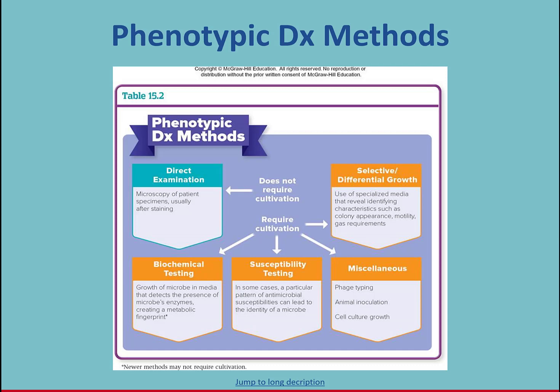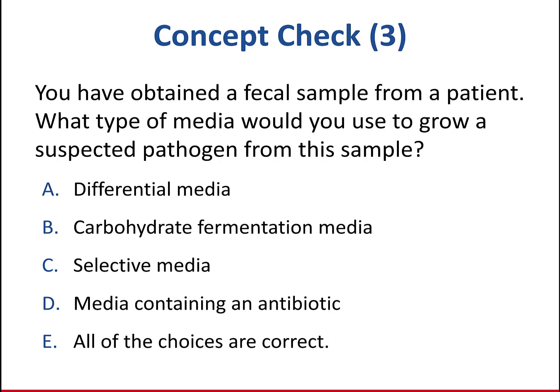So the direct methods are looking at microscopy, looking at it. You don't have to culture it. Biochemical susceptibility type of testing means that you have to culture it. Knowing if it's selective or differential type of viewings, again, you're looking at 18, 24 hours, and a lot of times we just don't have the time.